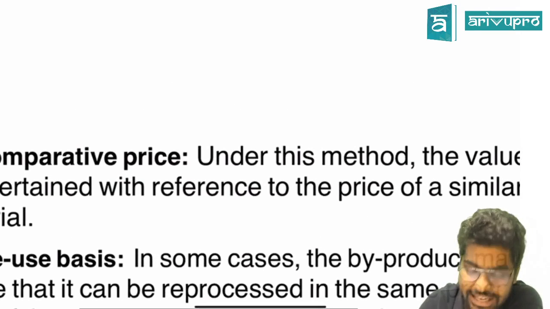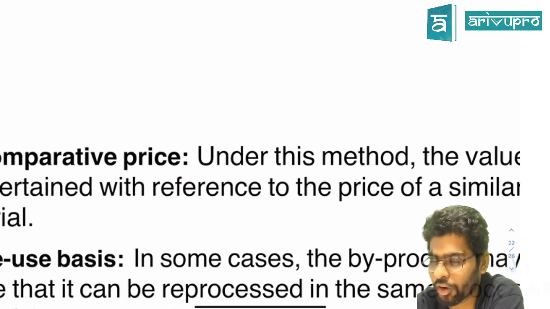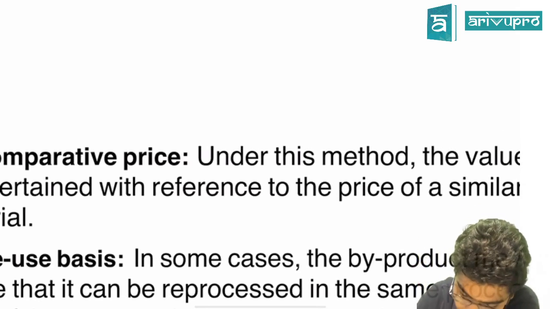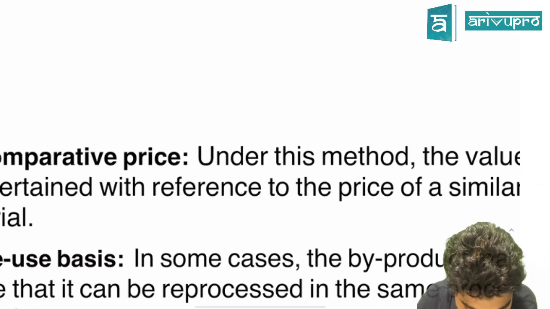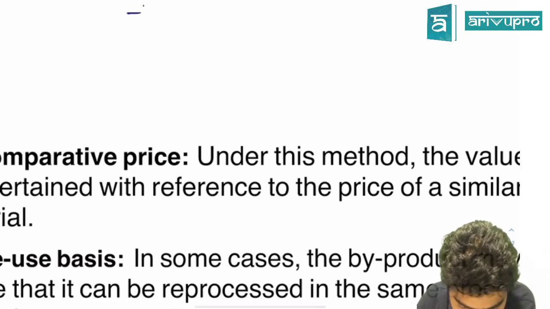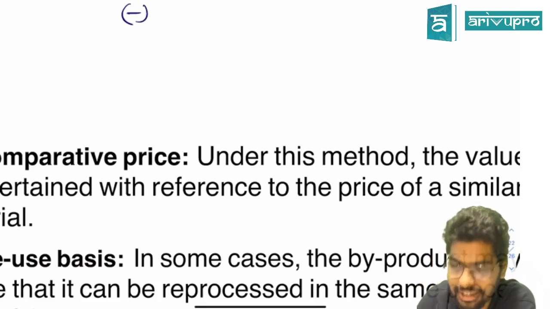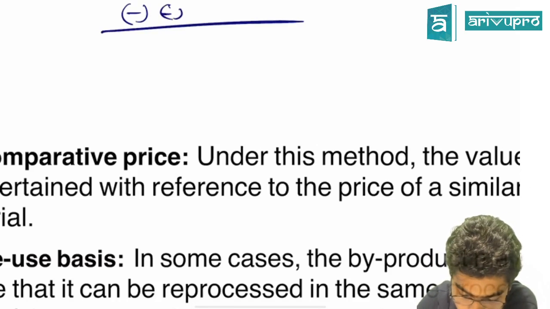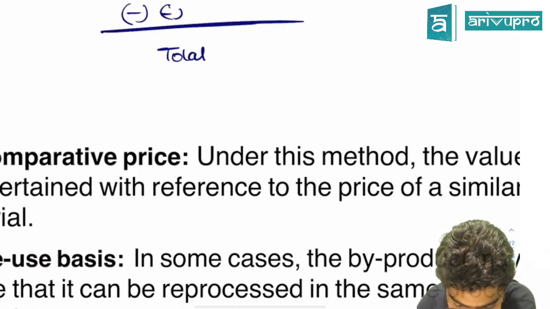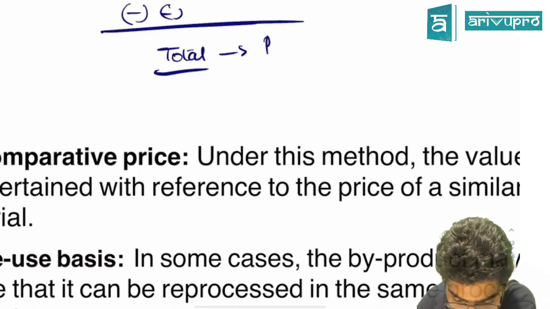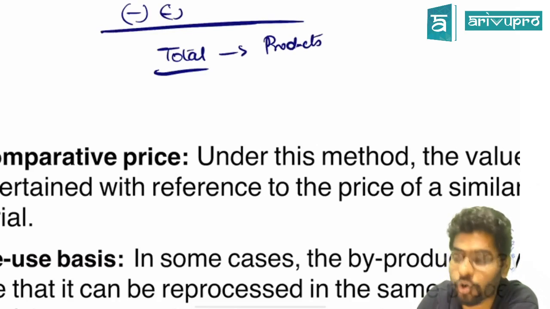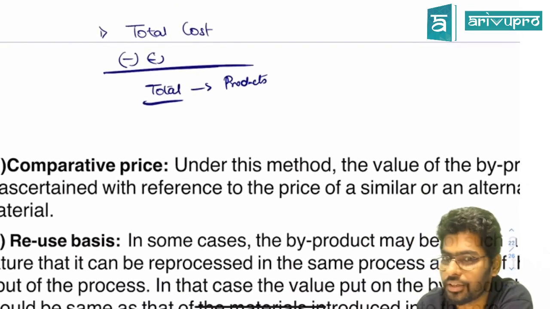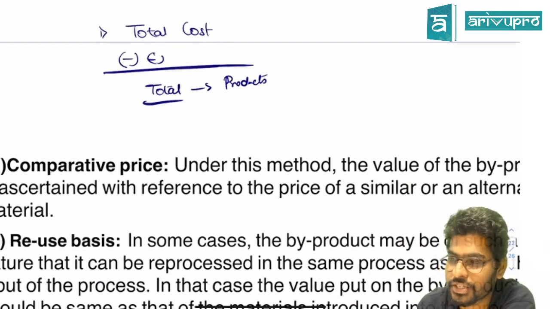That is, any money I get by selling the byproducts, I will reduce from the total cost. This is method 1. I will take the total cost minus whatever value I get by selling the byproducts. This becomes my total cost, which I will divide among the products, like the way we do it for the normal loss. Are you clear? Guys, are you clear? We did it for the normal loss.